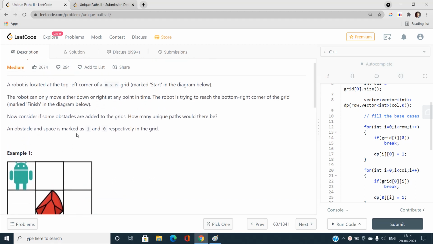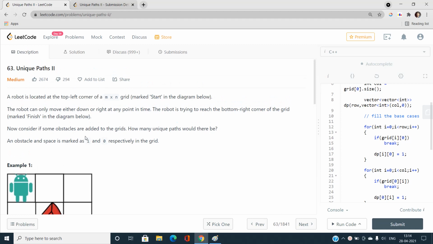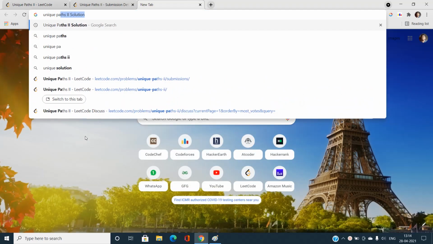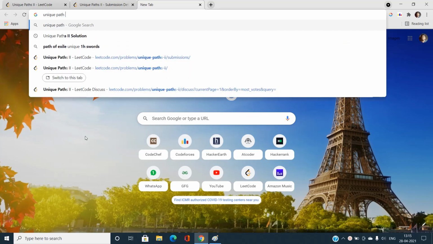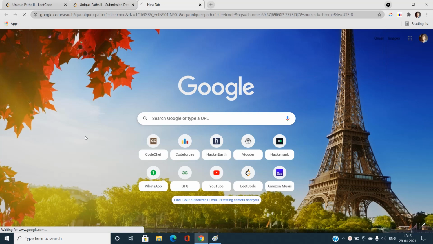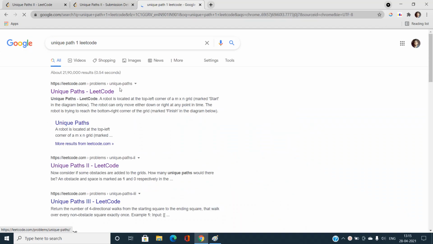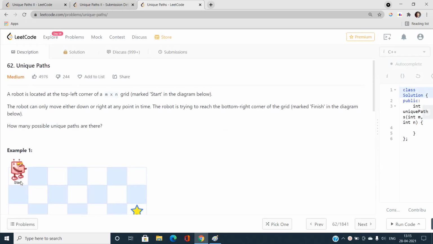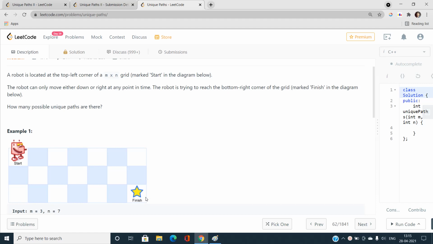You can see this problem is a little variation of the previous problem, that is Unique Paths I. Let us look at that problem, Unique Paths I of LeetCode. In this problem you can easily see that we have been asked to find the same thing: going from the top left corner to the bottom right corner, what is the total number of unique paths.